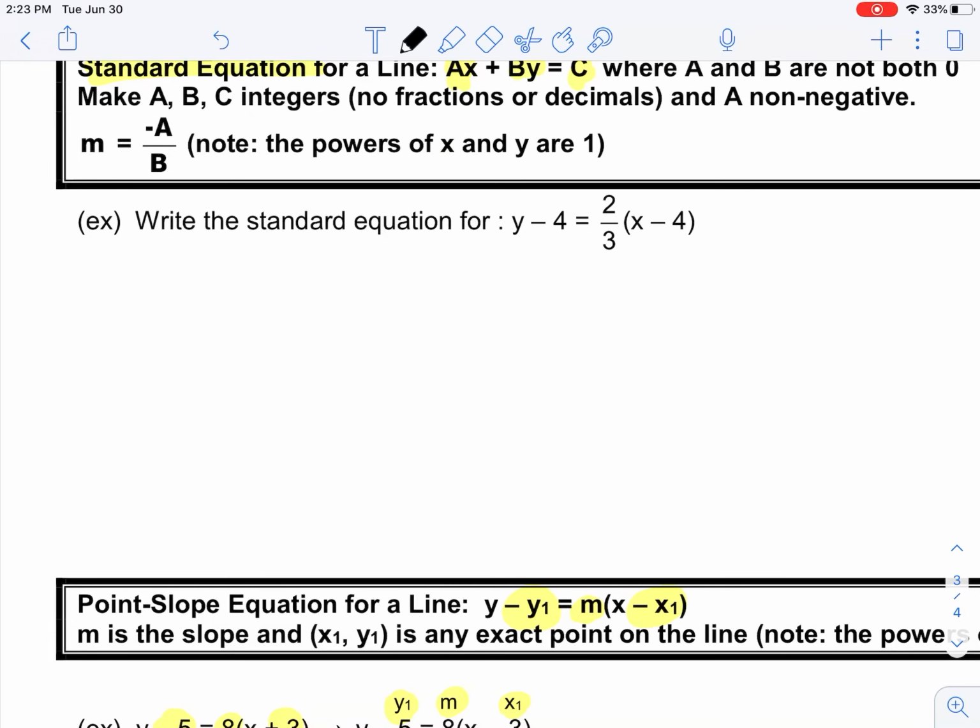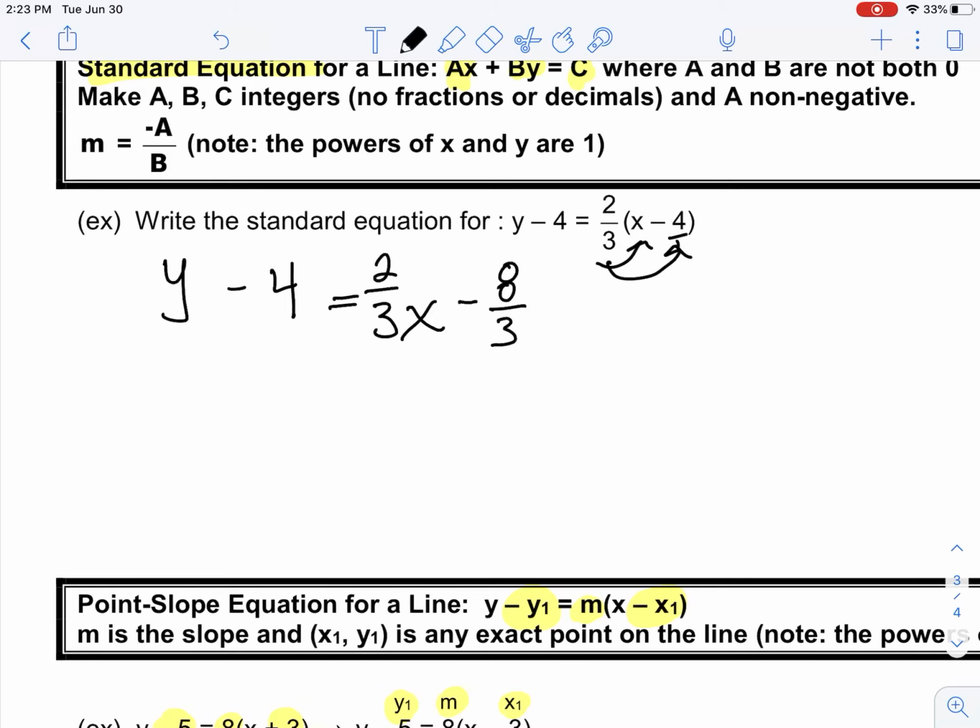So y minus 4 equals, and now I'm going to distribute 2/3 x and 2/3 times negative 4. Okay, so we're going to get 2 times negative 4 is negative 8, and then 3 times 1 is 3.